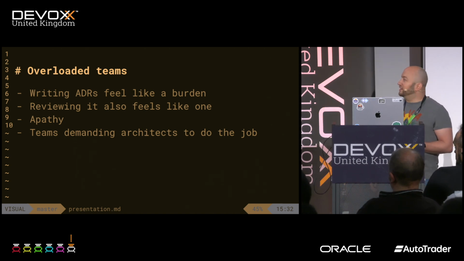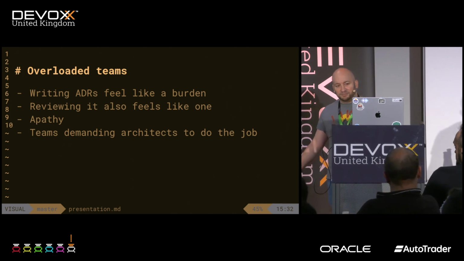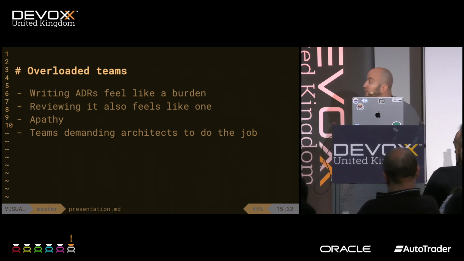So writing an ADR might feel like a burden. Our engineers accepted the job to create the next abstract annotation, config, dispatcher, servlet, initializer, or whatever, not to write these silly things. Not to mention reviewing them. It's kind of similar to code reviews, but without code. And who likes doing that? And sometimes they will just say, who cares?